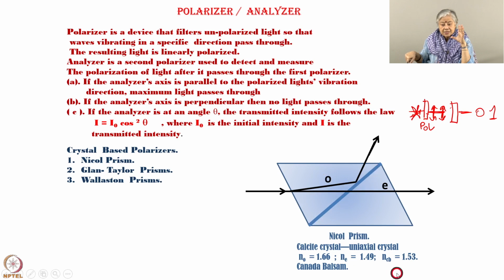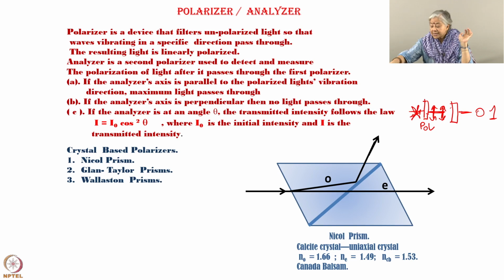And air also has a lesser refractive index as compared to 1.66, so obviously this O ray will get deflected. It's a similar principle, only in between I have just air instead of Canada balm. So that is a Glan-Taylor prism. The Wollaston prism also has a similar principle. It has some other kind of way of putting these two prisms together.